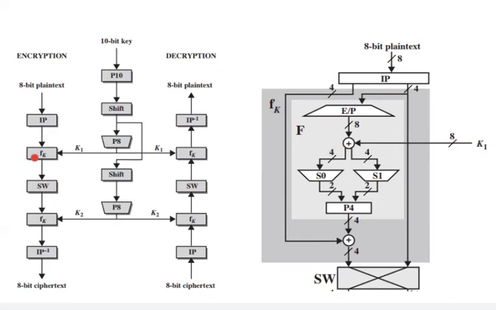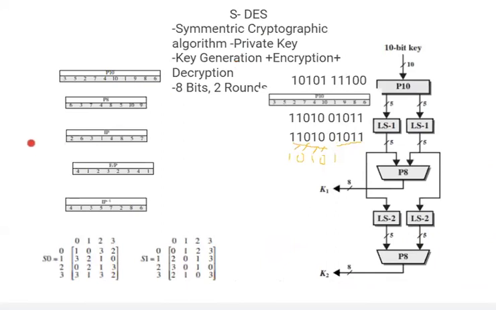Looking at the diagram, we have to understand the f of k in detail. If you see the right hand side, this is nothing but the f of k. We will discuss f of k in detail. Now IP and EP are the permutation operations, and the sequence for how to do that permutation is already defined.